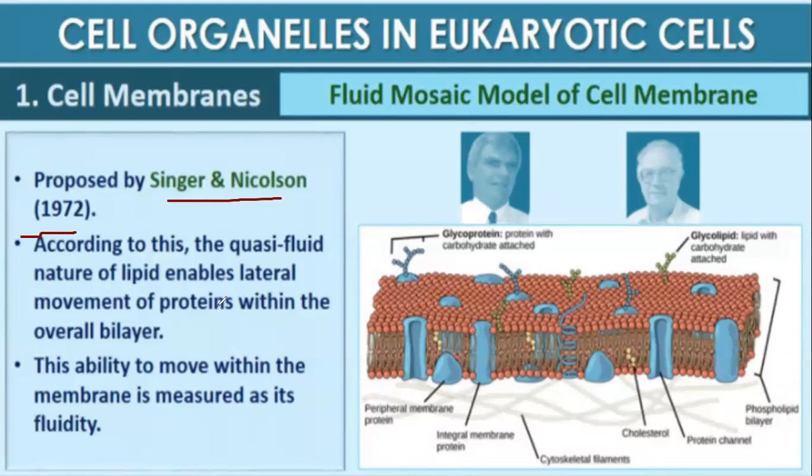Clear with that? And this feature of the cell membrane is universally accepted. For example, from Chlamydomonas to the cell of an ostrich, that is from monerans till humans or animalia, we can see this common feature of the cell membrane. So it is a universal feature. Clear with that?